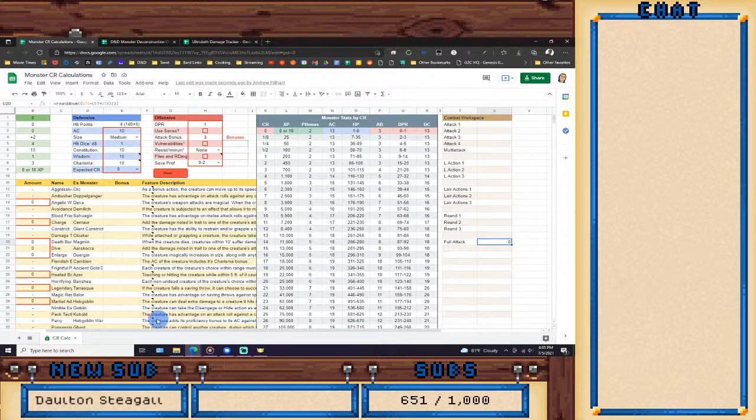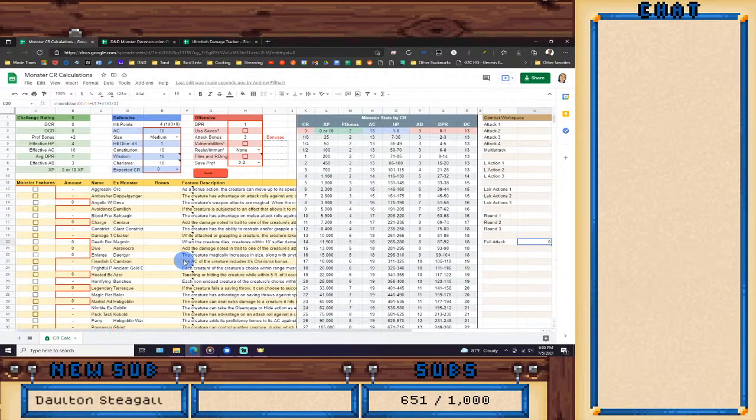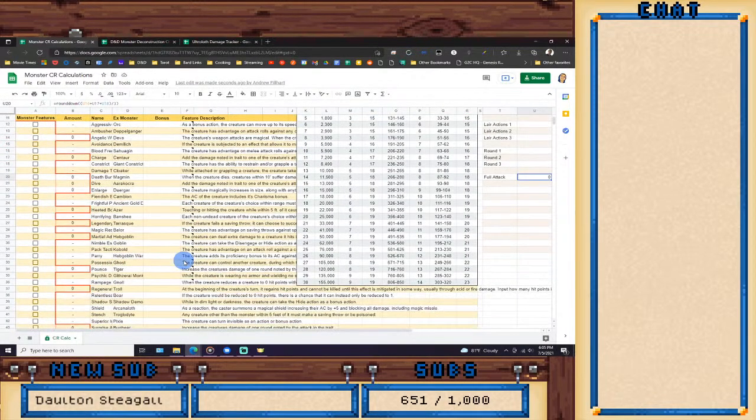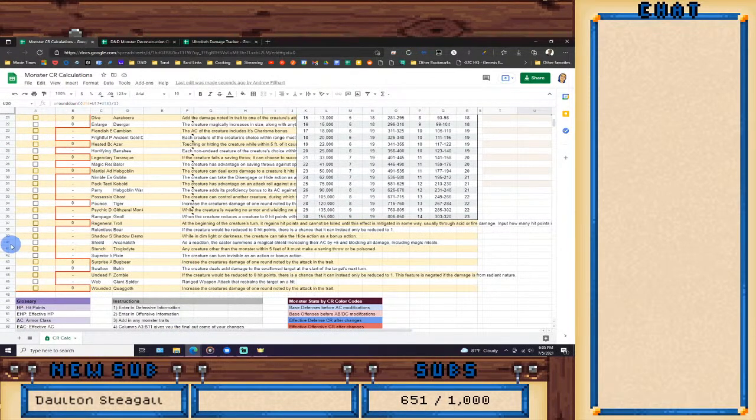Oh, I also forgot, because shield is used so often, I actually added it into the chart now. So now we have shield as an option to add in for our monster getting the +5 effective AC every round of combat, because being a level 1 spell, we can use that multiple times, which is really great.